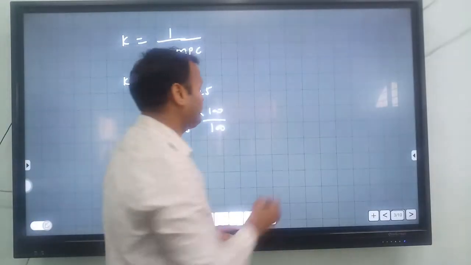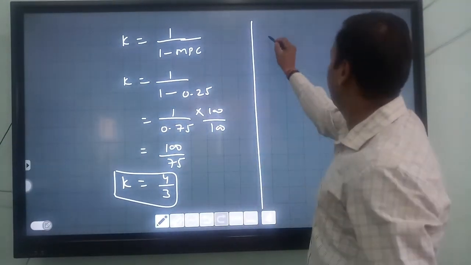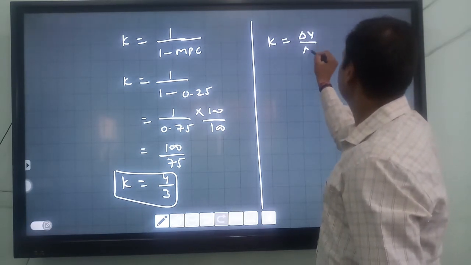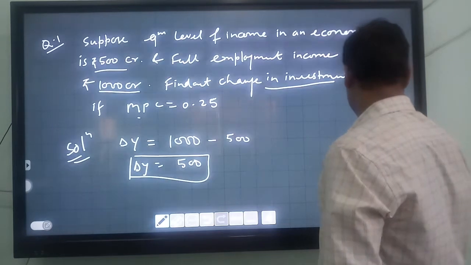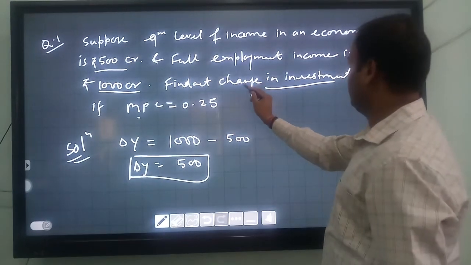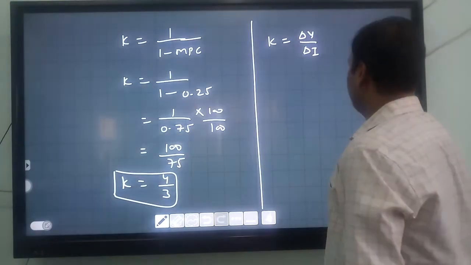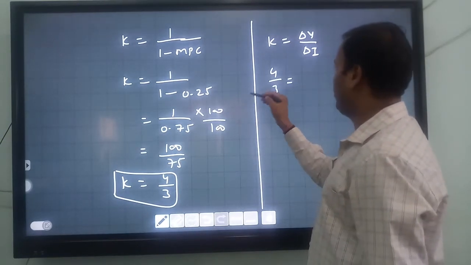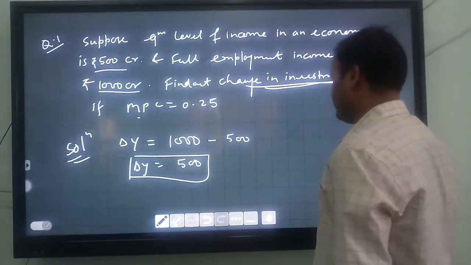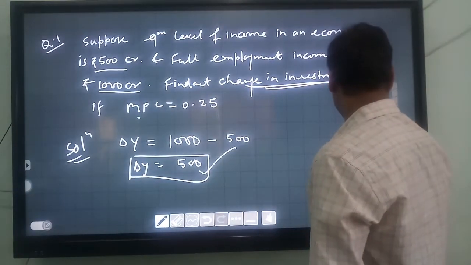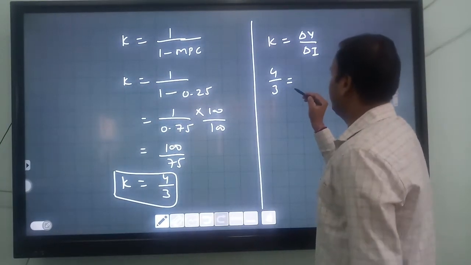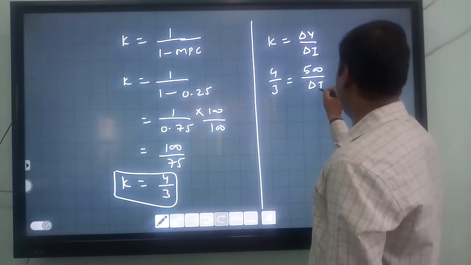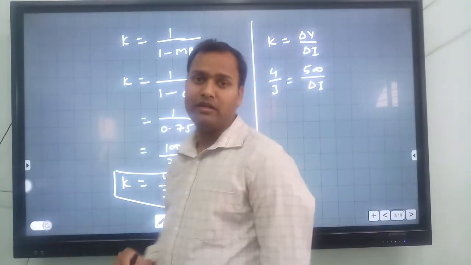Now we have to calculate the change in investment. What is the value of K? K is 4 upon 3, and we already calculated delta Y as 500.